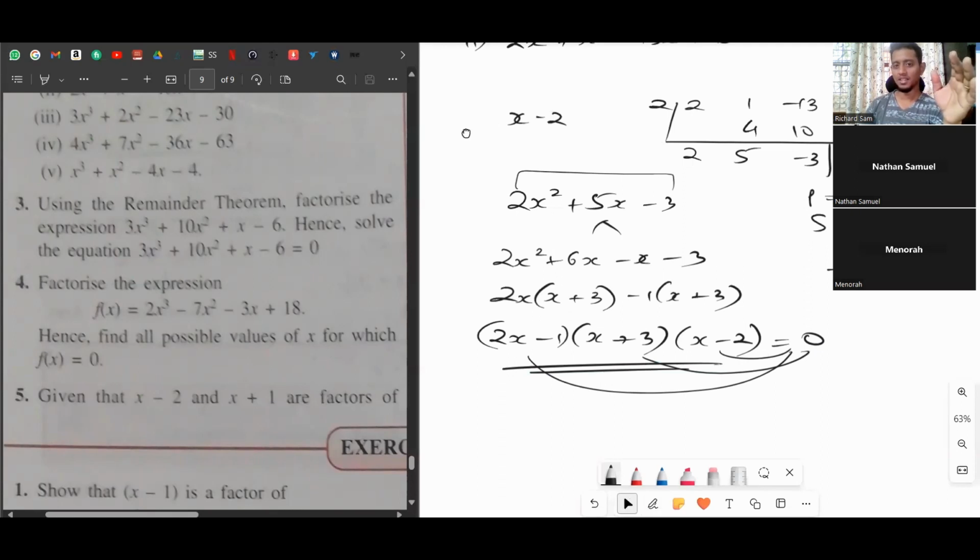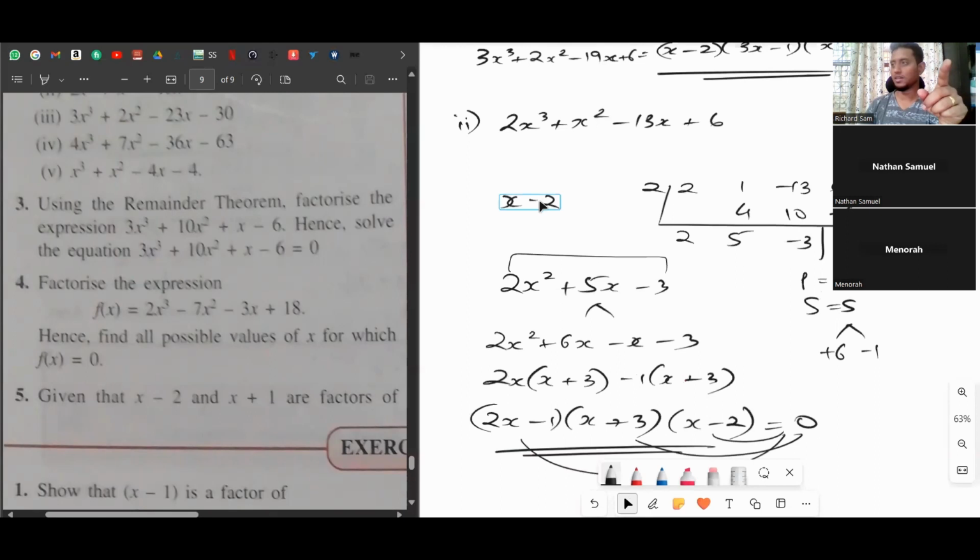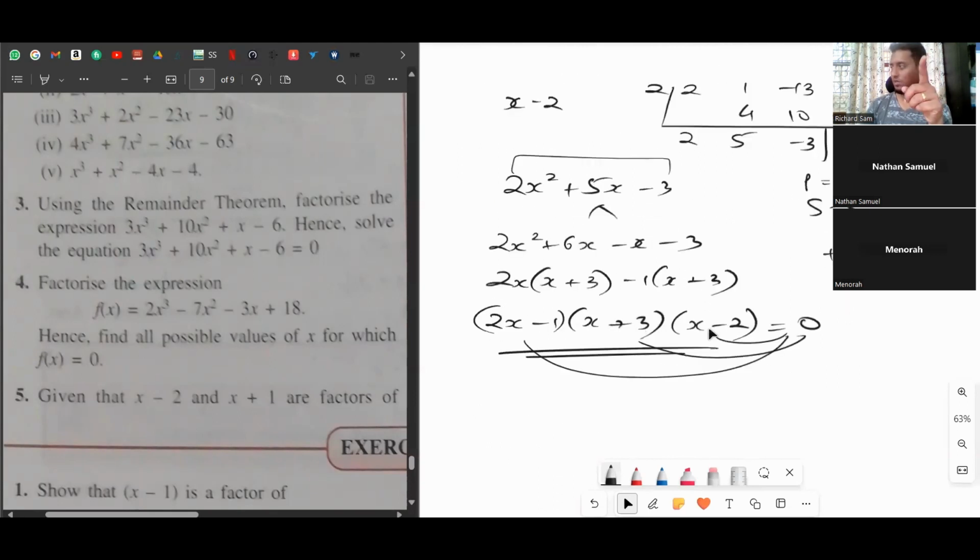See here, we did equal to 0 only once, and we got one factor x minus 2, which means f of 2 was 0. So in the same way f of minus 3 also will be 0, and f of 1 upon 2 also will be 0. Like that, you're showing all the 3 possible values for x where you will get equal to 0.